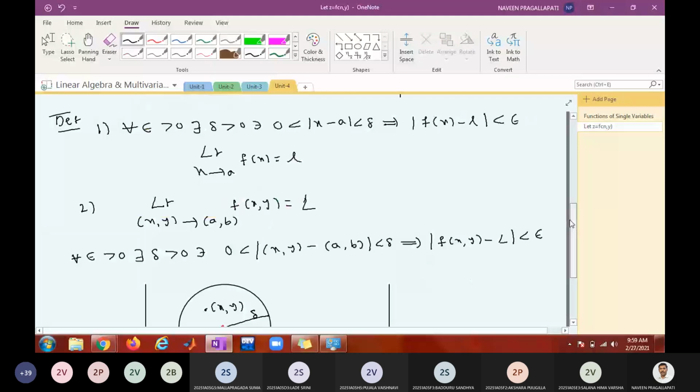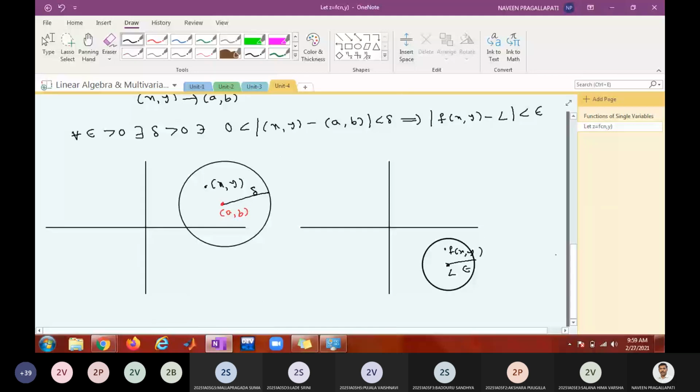Is that okay? So for two dimensions, neighborhoods are going to be circular disks, and for three dimensions, spherical regions, with respect to the metric distance. If you consider the distance between 2 points as the square root of (x1 minus x2) whole square plus (y1 minus y2) whole square, with respect to that definition of distance you get that kind of region as a neighborhood.